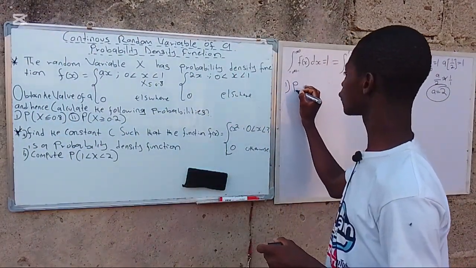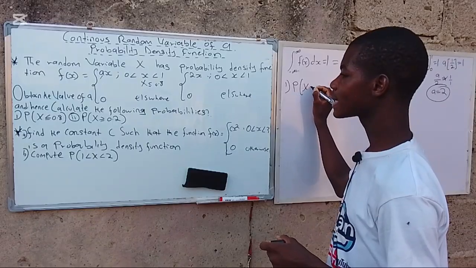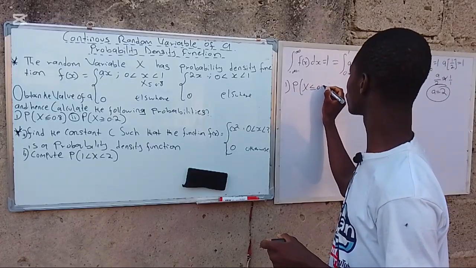The probability that x is less than or equal to 0.8.